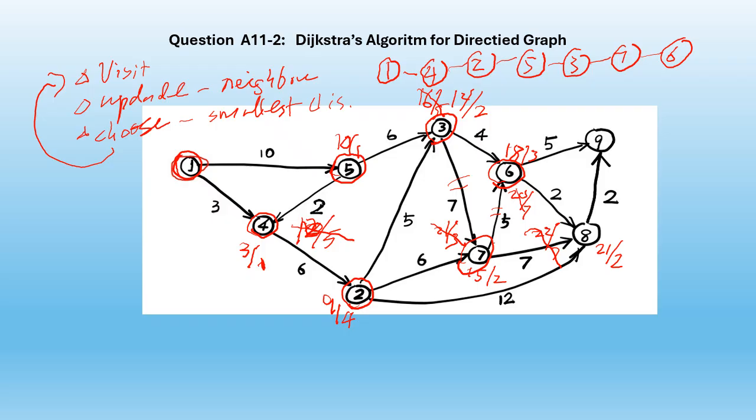So 18 plus 5, 23 for number 9 through 6. Agree? And then you update number 8: 18 plus 2, you get 20.